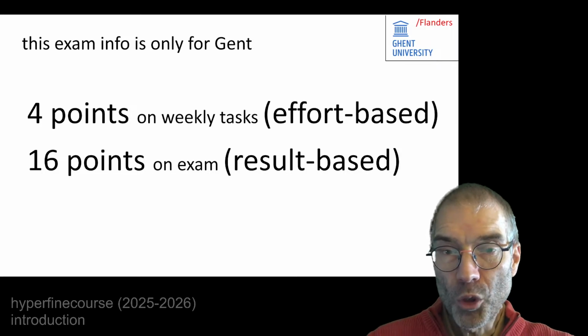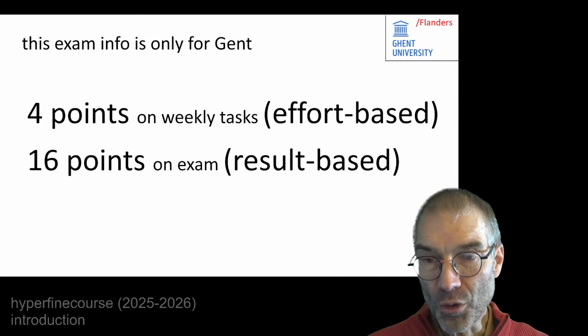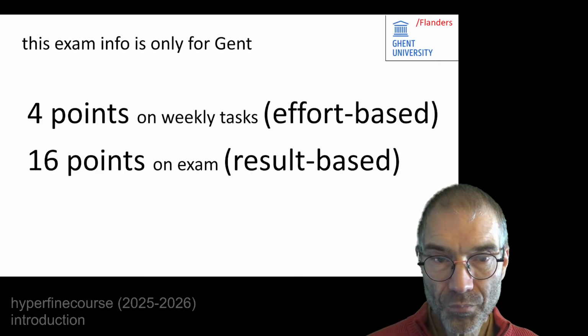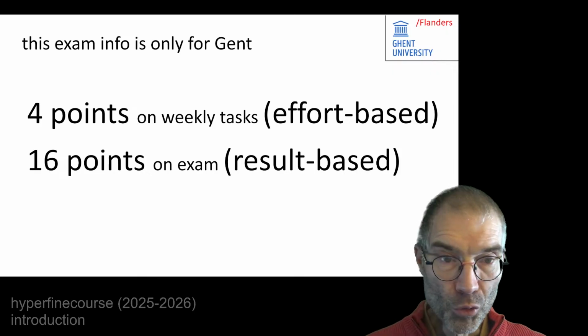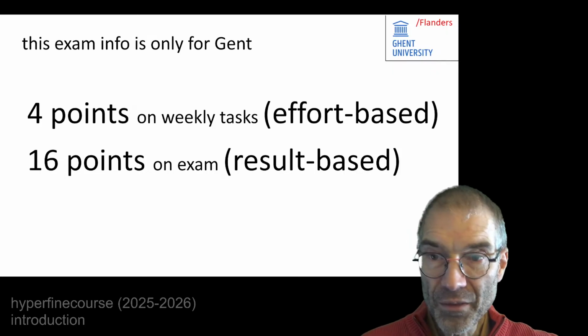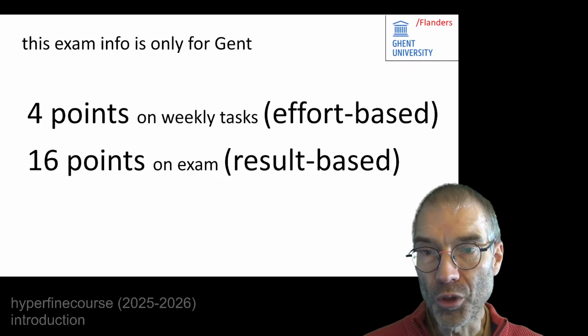These 4 points, they are effort-based points. You get them because you do the weekly effort of making these tasks. If you submit your tasks every week, then there is no issue. You have these 4 points.